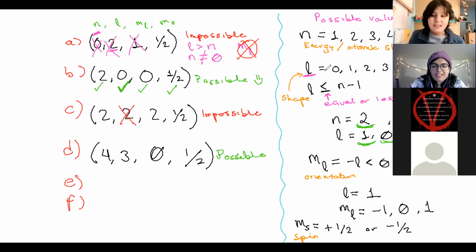Just kidding. Okay, it is possible because we have N, we have L. It's N minus 1, so it's 4 minus 1, that's 3. So this one's good. And is 0 one of the possible numbers for M sub L?